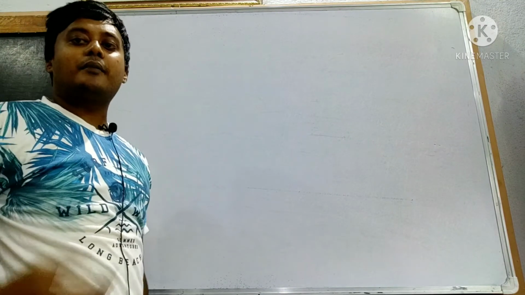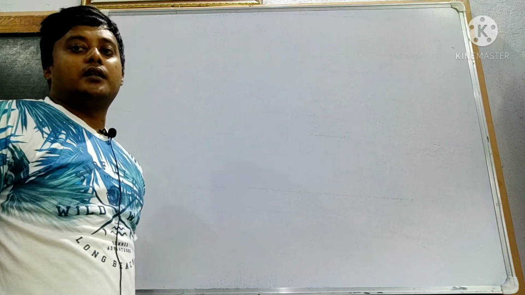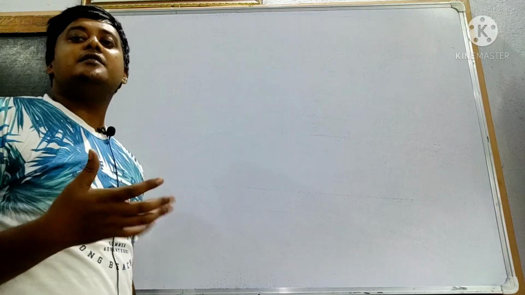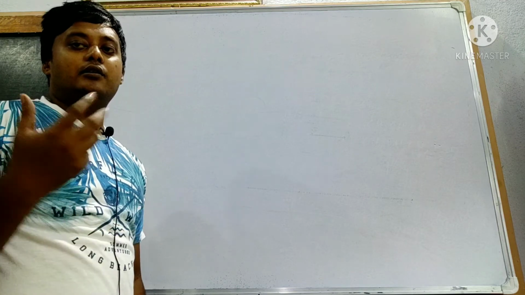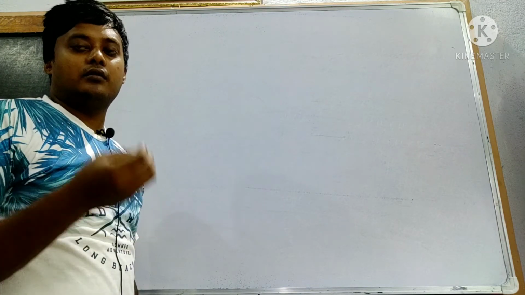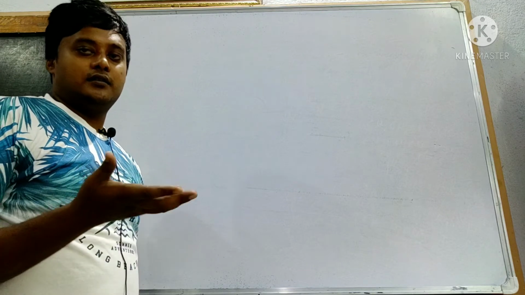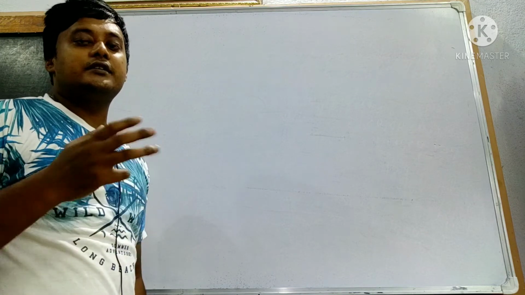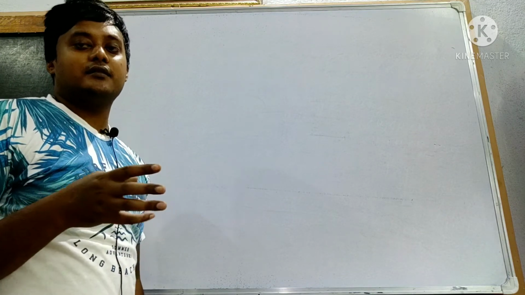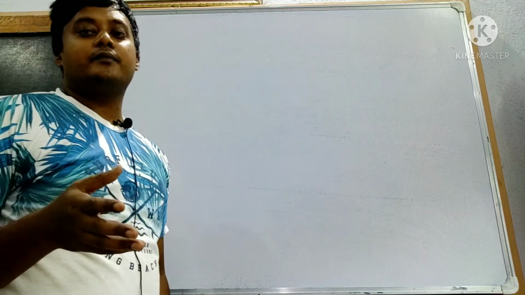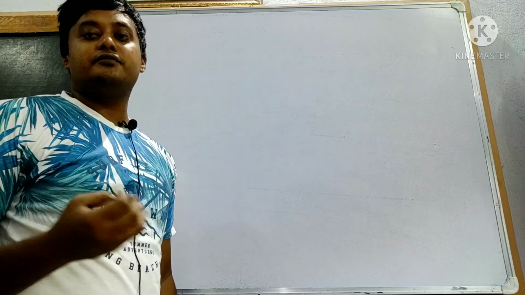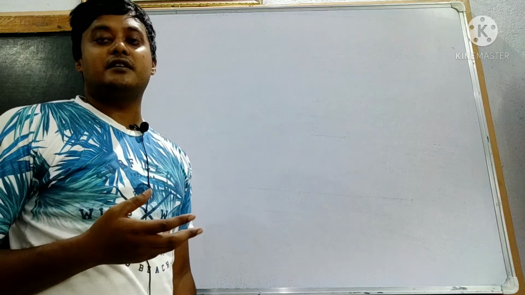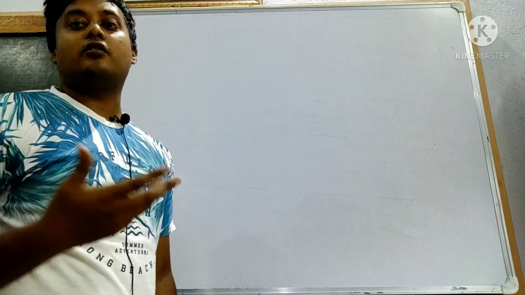Next, from aldehyde and ketone. From aldehyde and ketone we can easily prepare alcohol by using Grignard reagent. I already have one video on Grignard reagent, go through that one. Actually, Grignard reagent is a very important reagent in organic chemistry. If you know the proper use of Grignard reagent, it will help you in conversions.